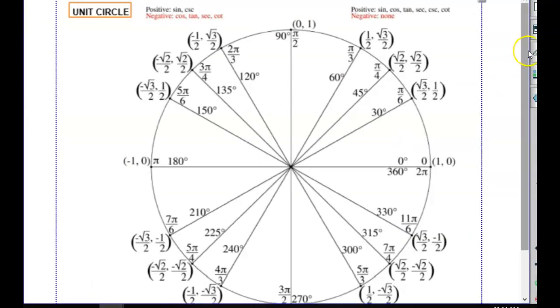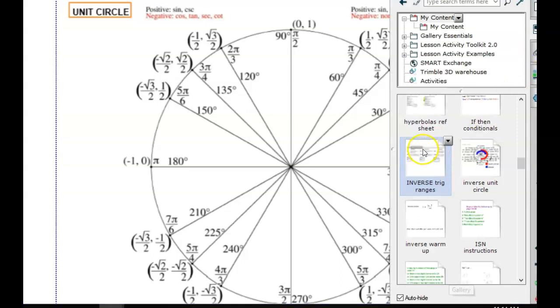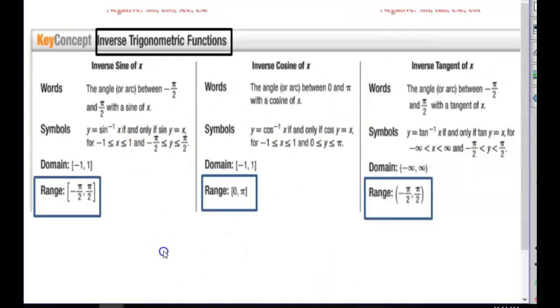Okay, so this is what you need to be looking at, right?